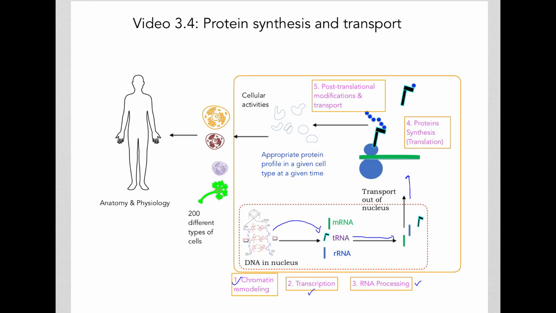And in the cytoplasm, on the ribosomes, the messenger RNA is translated, the protein is made, the protein folds, and then some proteins undergo post-translational modification. Once the protein is made and modified, it is transported to various parts of the cell, and that's called protein transport.